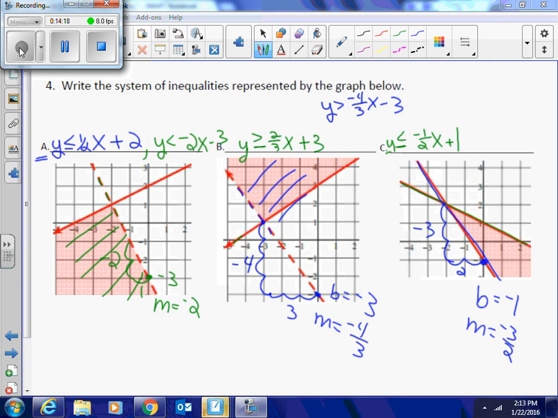So the equation of the boundary line is y is equal to -3/2 x minus 1. Again, it's a solid line, so I know that I will be equal to. On my blue line, you can see I'm shaded above the line. That means that y is greater than or equal to -3/2 x minus 1.